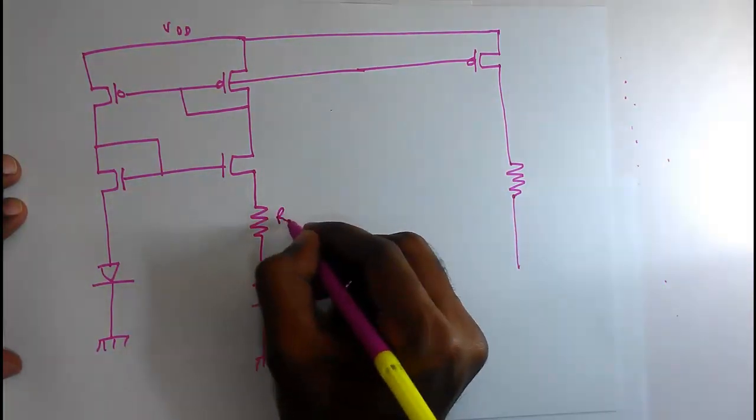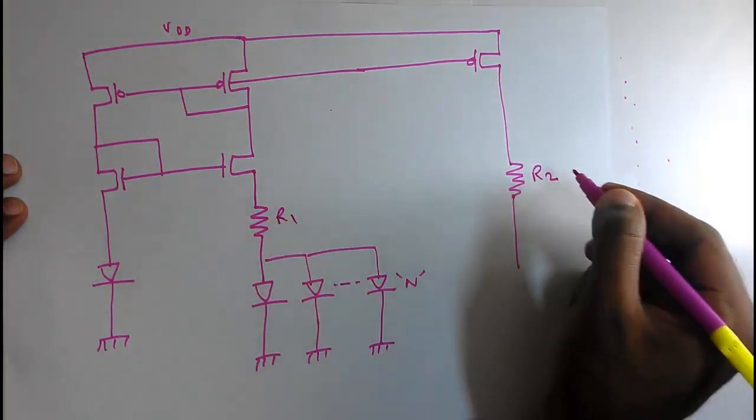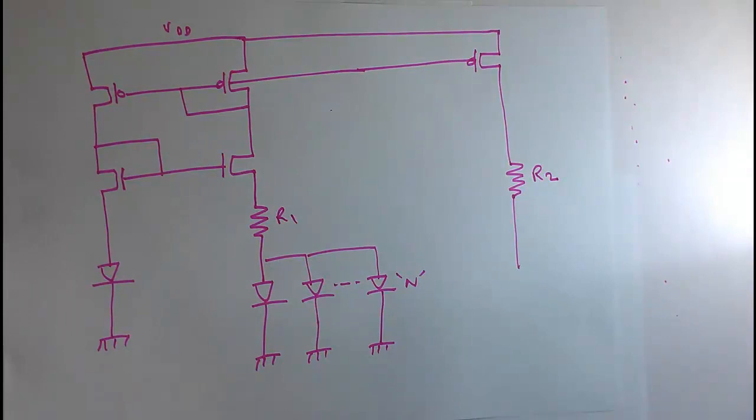This is R1 and this is R2, and the voltage across R2 is a PTAT. Now I want to add my CTAT here, and we already saw how we will add the PTAT and CTAT.